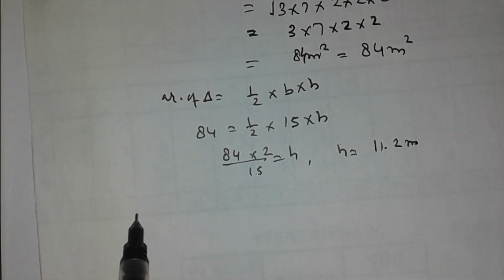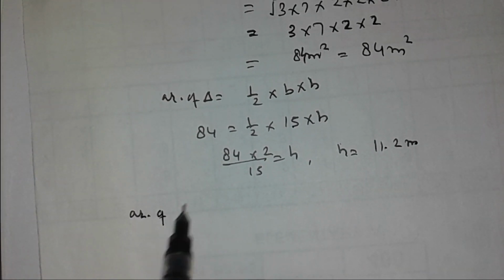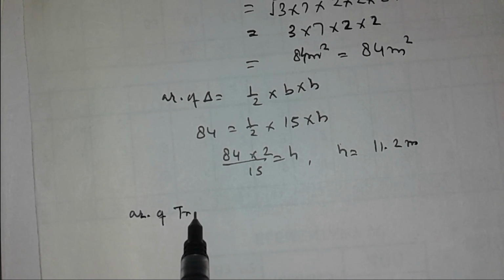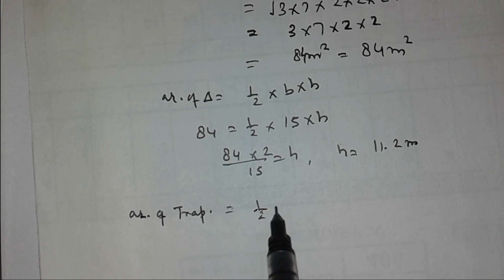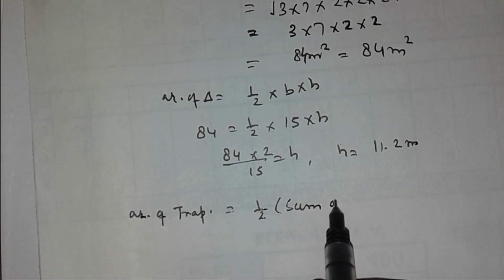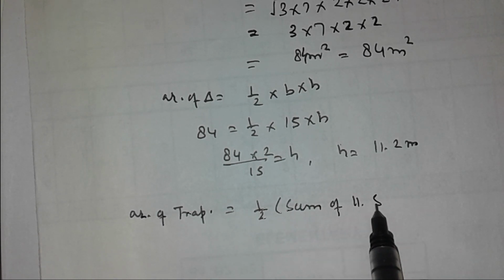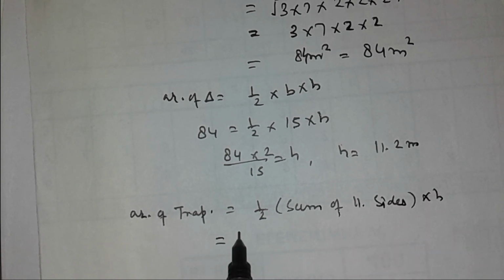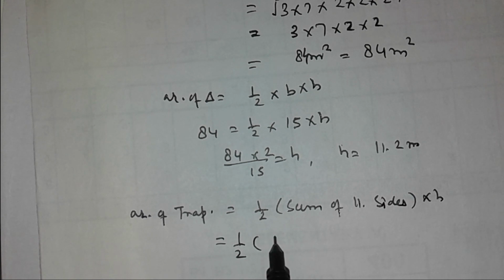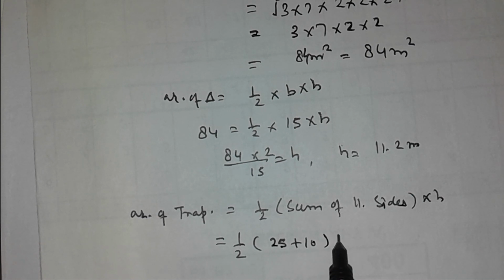Now area of trapezium is half sum of parallel sides into height. So half sum of parallel sides is 25 plus 10 multiplied by 11.2.